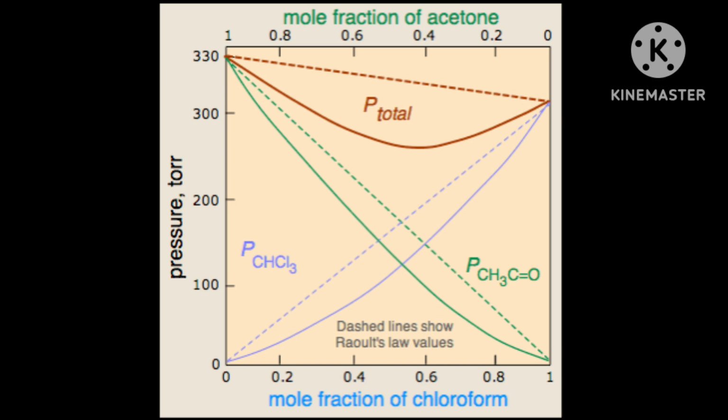First example, normal hexane and normal heptane, binary solution. Second, bromoethane and chloroethane, they also behave ideally. Third example, benzene and toluene, all fall into this category, means ideal solution. Here many questions are asked on this concept.